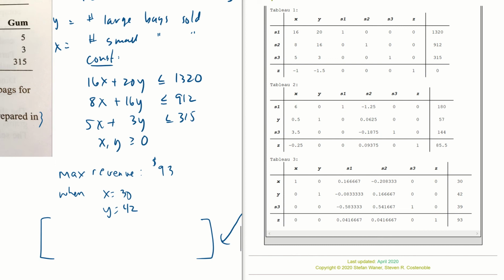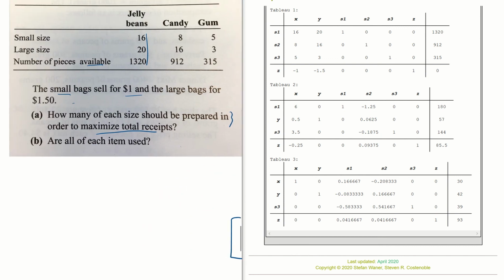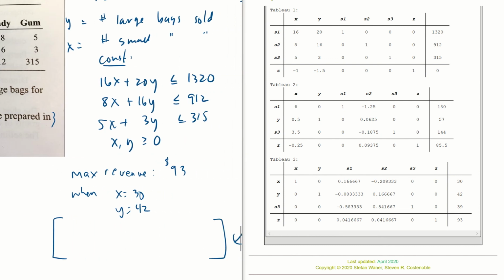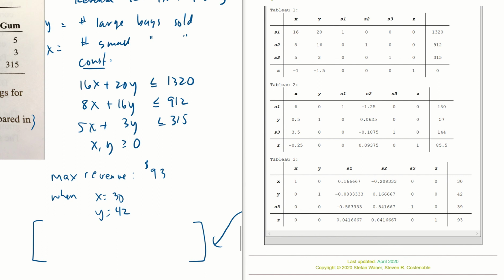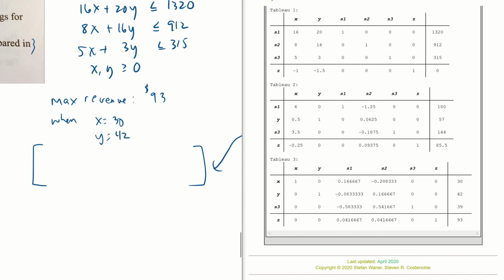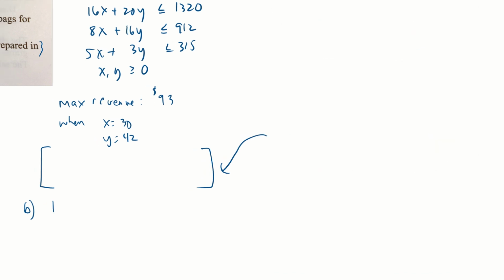Okay, so we're good there. And then the question says, are all of each items used? Well, I don't know. In order to check that, we need to plug my x and y into the above. So here's b. So it'd be 16 times 30 plus 20 times 42.